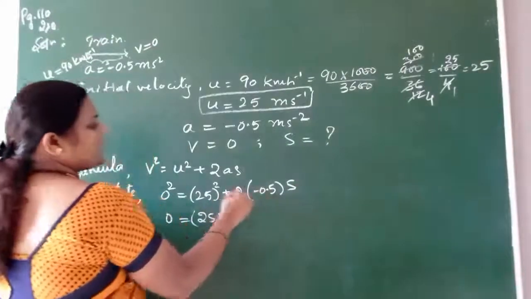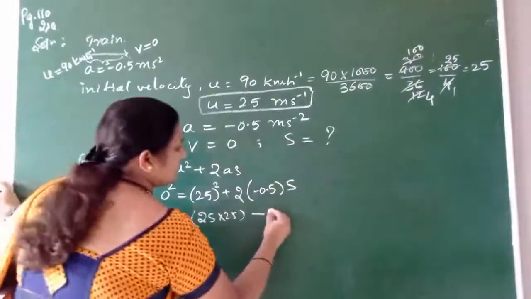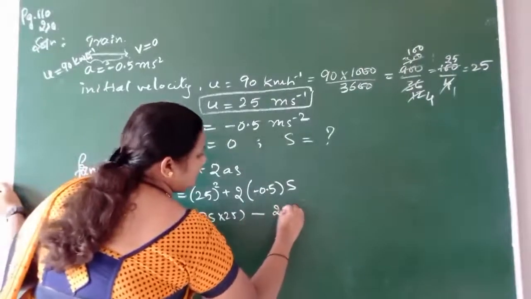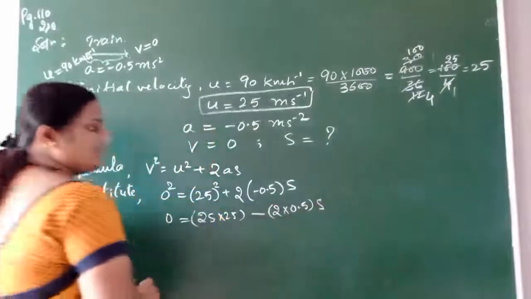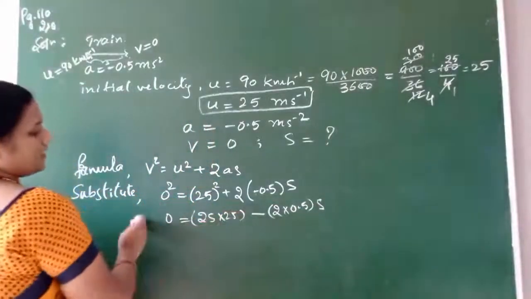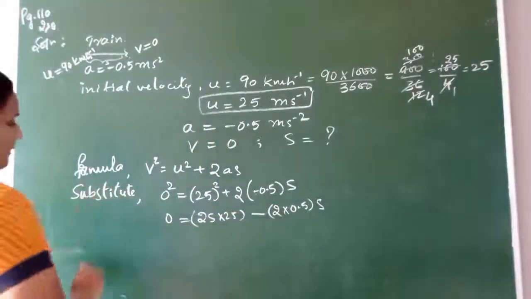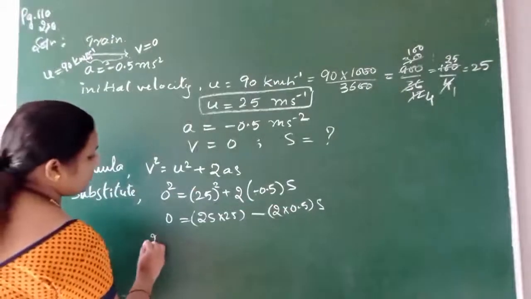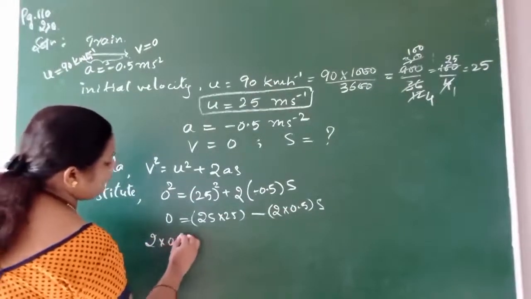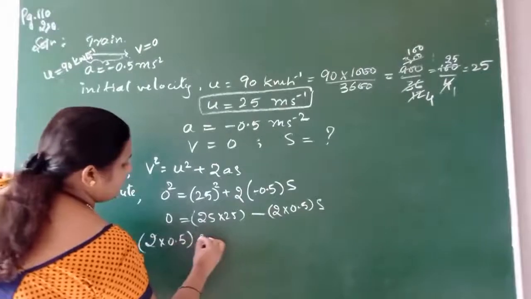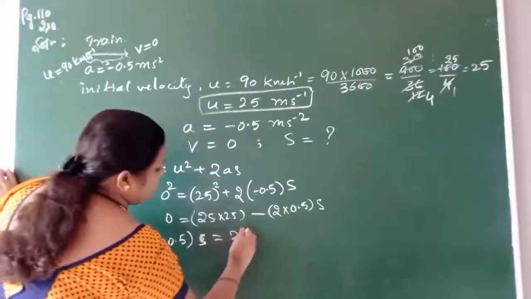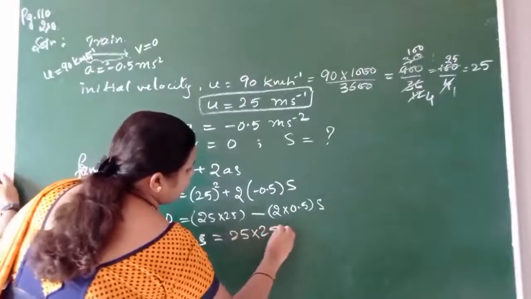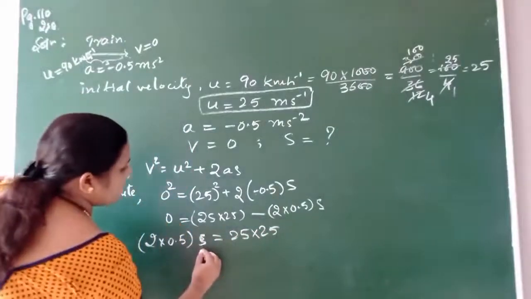That is what? Plus 2 into minus 0.5 into s. Yes, you can write, isn't it? If this negative goes to this side it changes its sign. So positive it becomes 2 into 0.5 into s is equals to, what is left? 25 into 25.